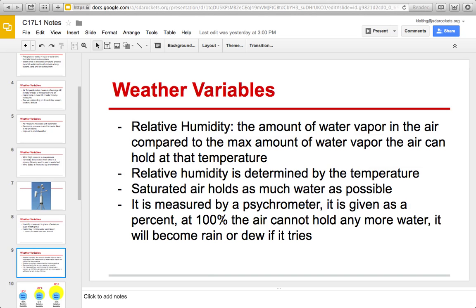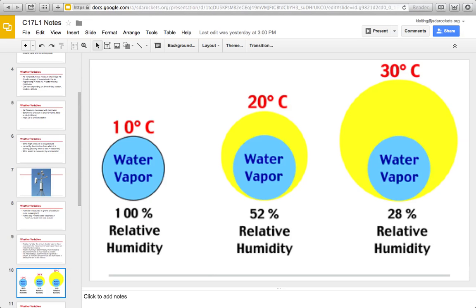So, what we see in some cases is, and we can flip to the next slide here, if we're at 30 degrees Celsius, which is maybe around 90 degrees, and we have the same amount of water vapor for 30 degrees Celsius, 20 degrees Celsius, and 10 degrees Celsius, this is a 28% relative humidity because, again, warm air can hold more water vapor than cooler air.